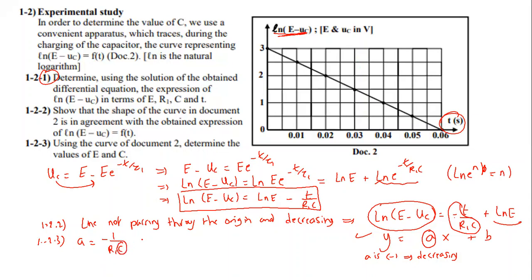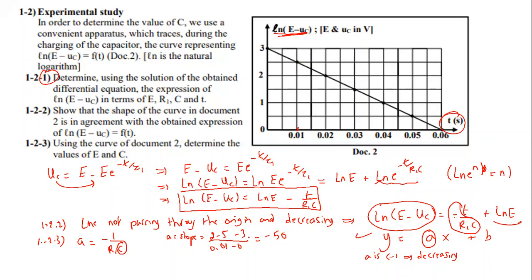How to find the slope? A, the slope, equals Y final minus Y initial. For example, I can take the 2.5 as the final minus the 3, over 0.01 minus 0, which will be equal to minus 50.